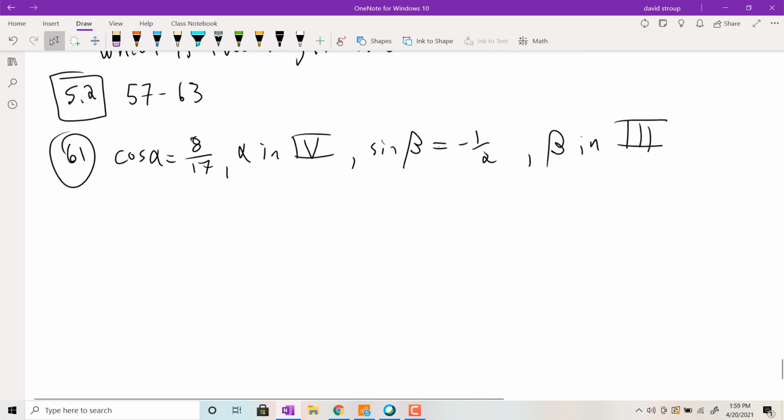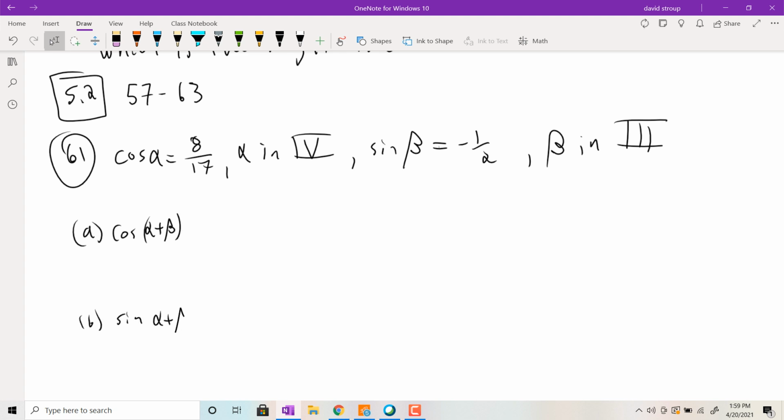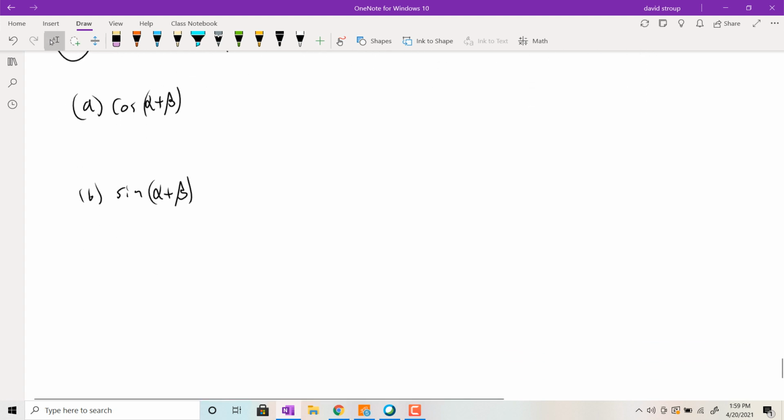Okay. We're trying to figure out 3 things: cosine of alpha plus beta, and then sine of alpha plus beta, and then tan of alpha plus beta, but that's just the ratio of the other two. That should be easy.